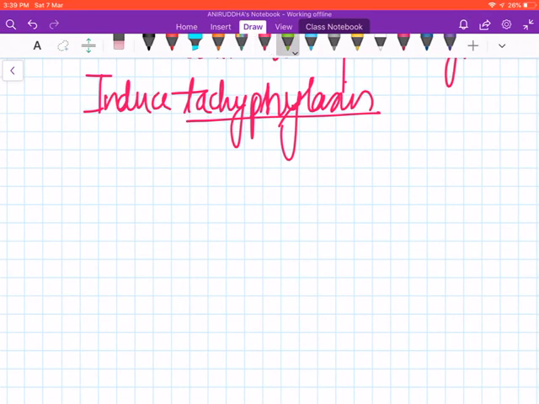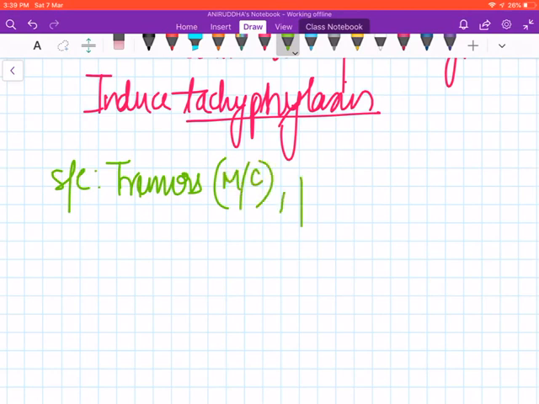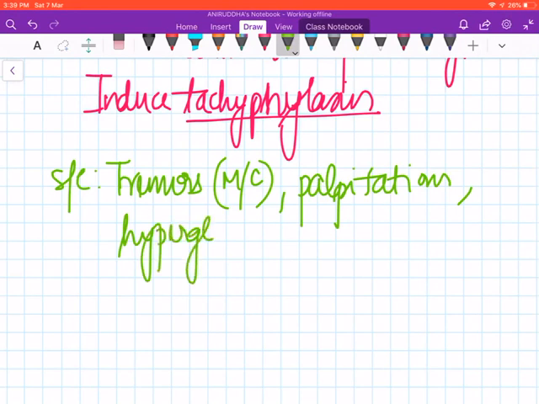The common ones are, so here we are discussing the side effects. Tremors, which is in fact the most common side effect. There can also be palpitations, hyperglycemia, and the mechanism for this hyperglycemia, I hope you remember from the pharmacological basics video. What is the mechanism for this hyperglycemia?